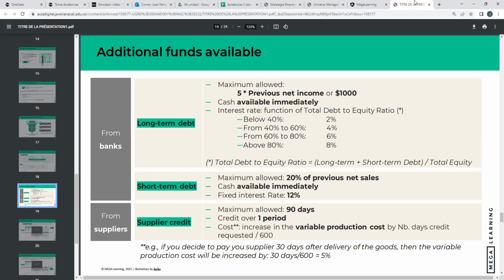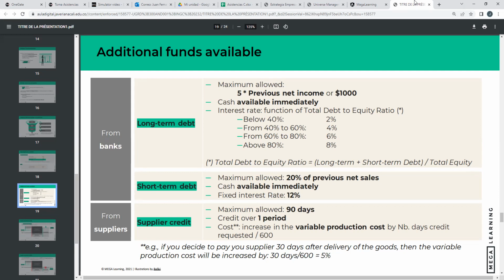All the assets, all the value of the company come from money from the bank. So this is risky because this is too much debt. You can be close to bankruptcy. So when you are above 80, it is risky for the bank, so the bank is going to charge you a higher rate of 8%.